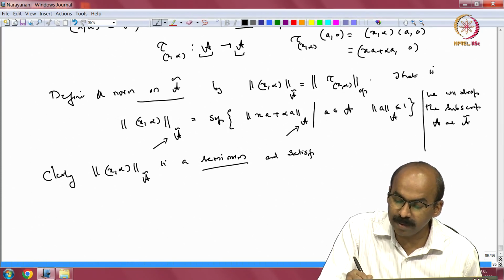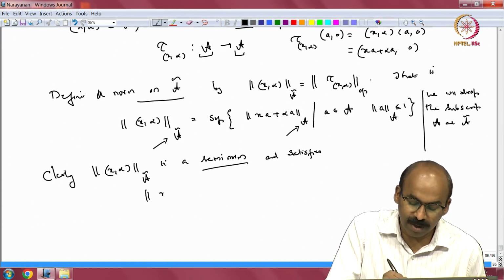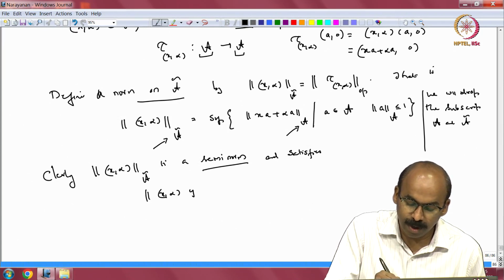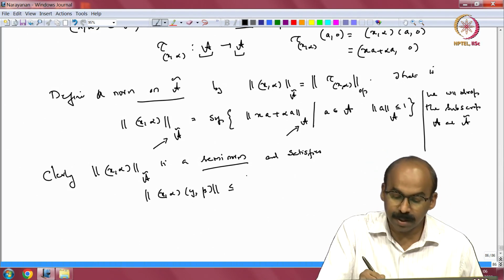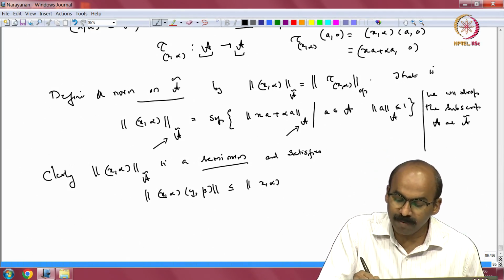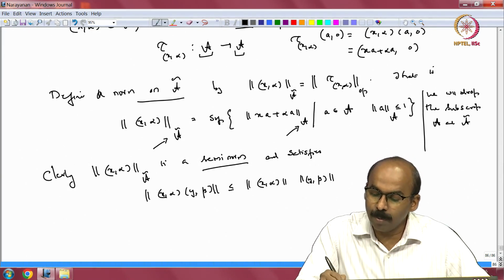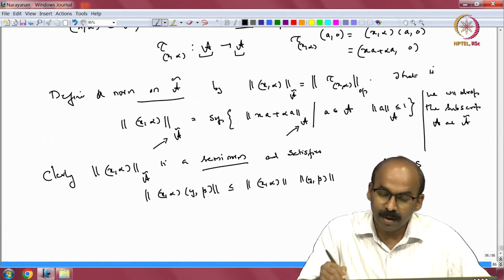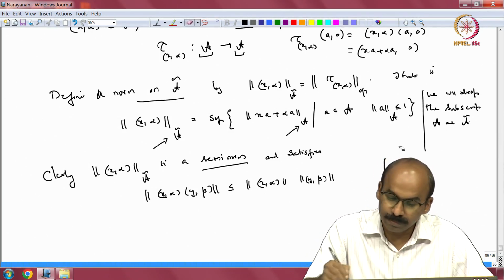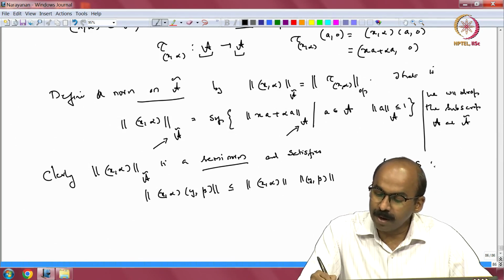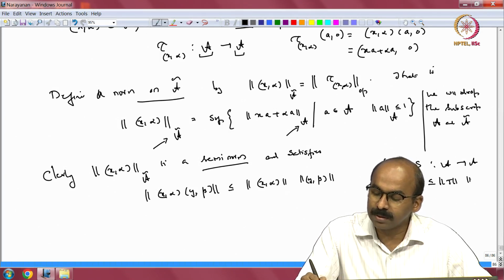And also it is a semi norm and satisfies, so this much is trivial, and satisfies norm of x alpha into y beta. So, that is the Banach algebra condition, is less than or equal to norm of x comma alpha times norm of y comma beta, because it is the operator norm, right. So, if I have two operators T and S from A to A, then norm of TS is less than or equal to norm T norm S, right.